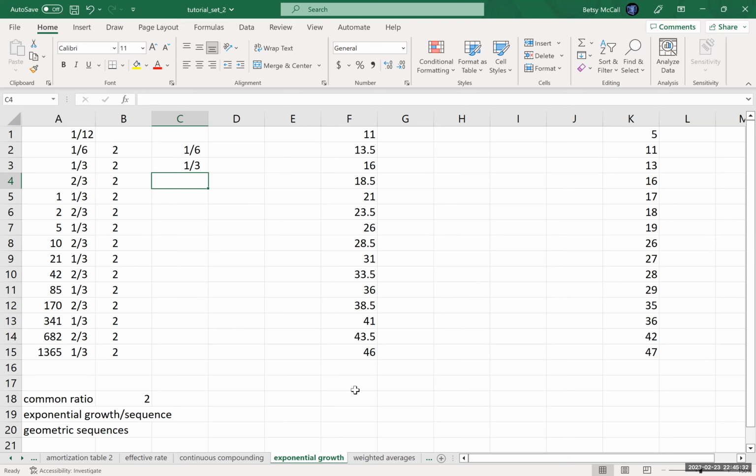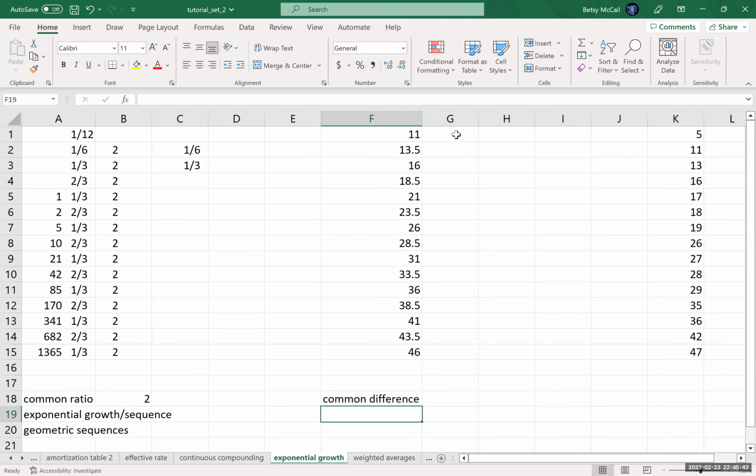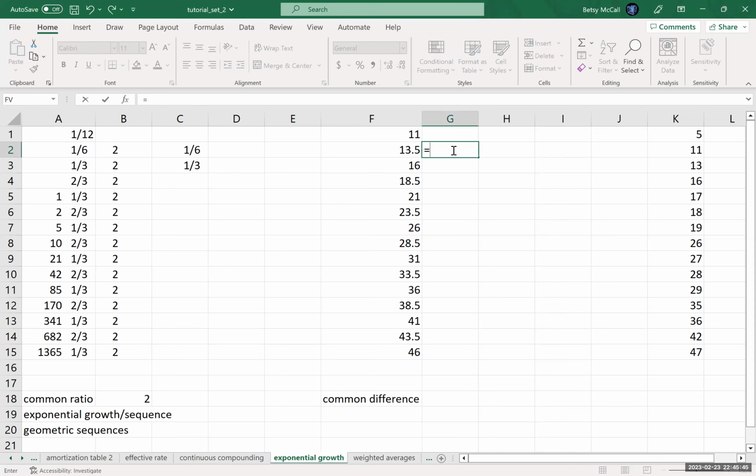Now, for an arithmetic sequence, there is a common difference. And we calculate that by subtracting the values from each other. So we take the second value, we subtract the previous value, and in this case, we get 2.5. And if we repeat that, 16 minus 13.5, we get the same common difference.